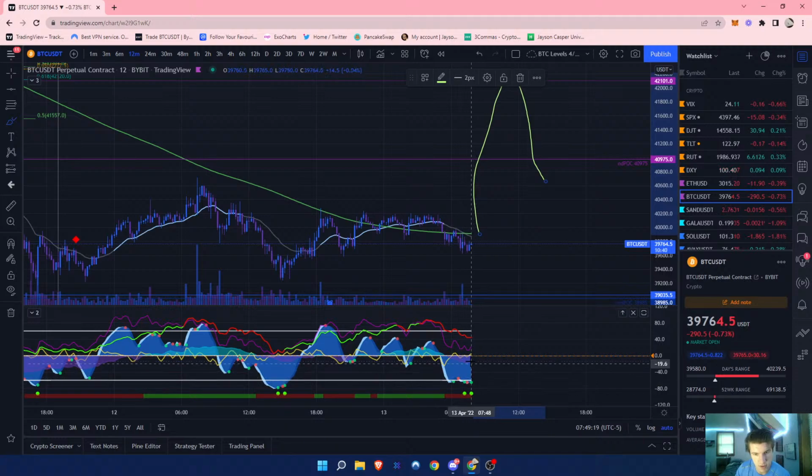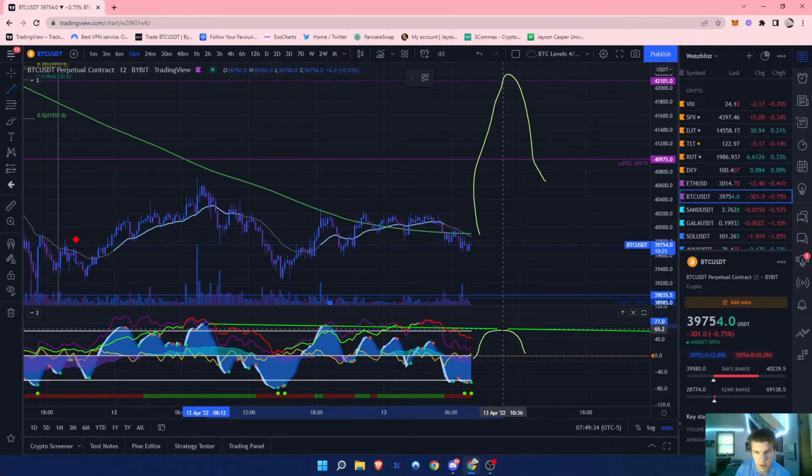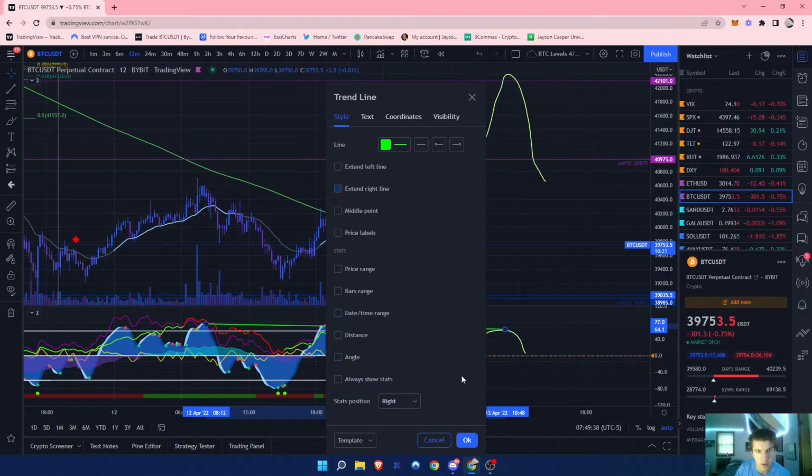I want to see a momentum wave coming up and then coming down, and it cannot be larger or greater than this one right here. Just drawing a trend line, it kind of looked like that. Let me modify that.